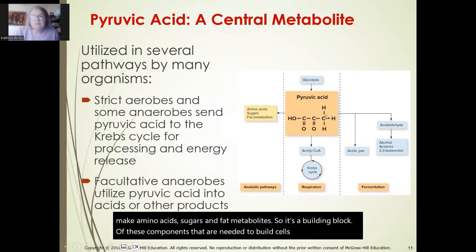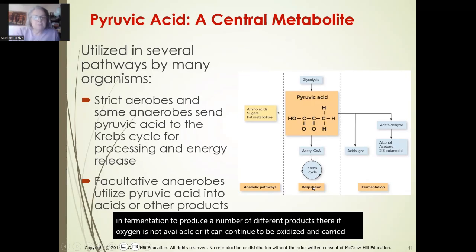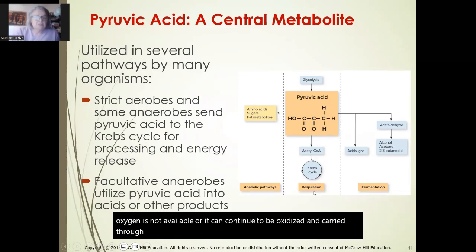It can also be used in fermentation to produce a number of different products if oxygen is not available, or it can continue to be oxidized and carried through cellular respiration, whether aerobic or anaerobic respiration.